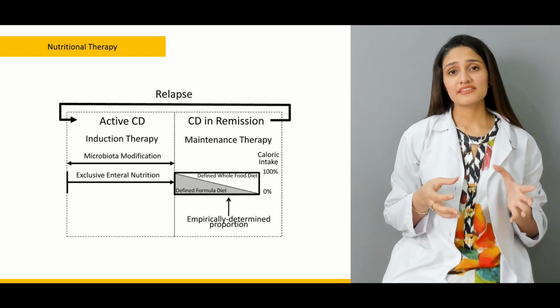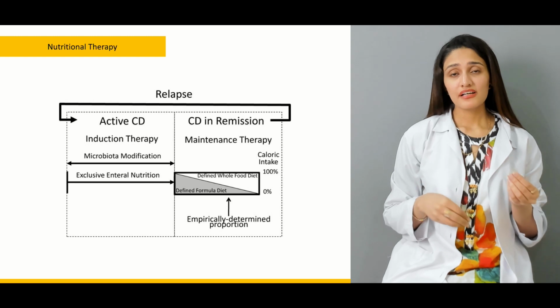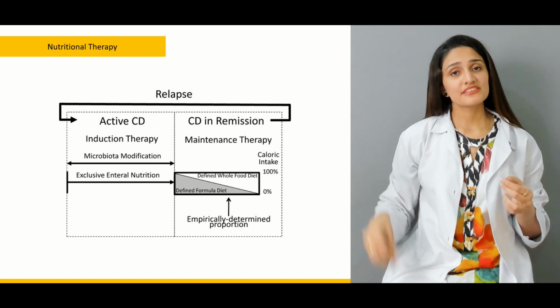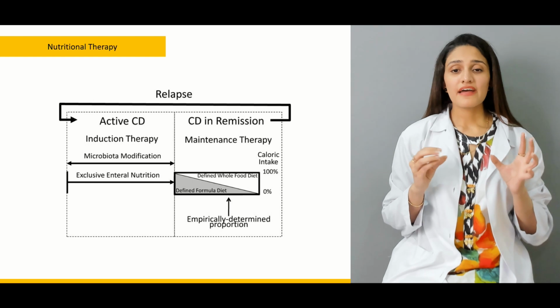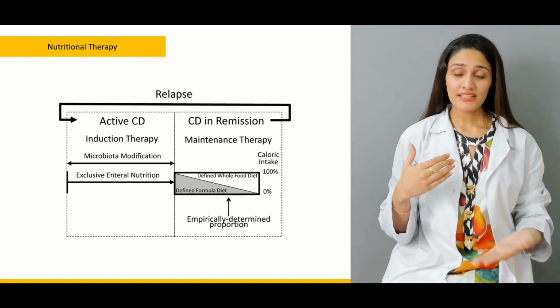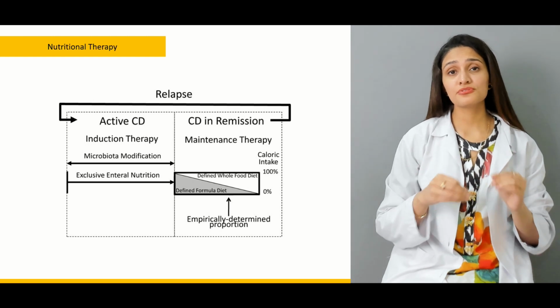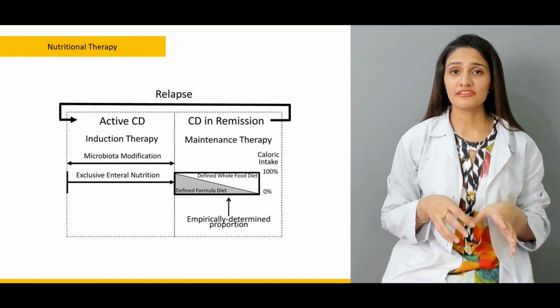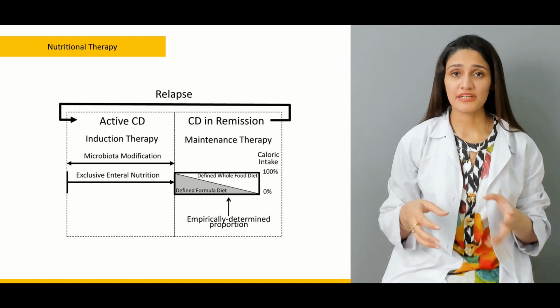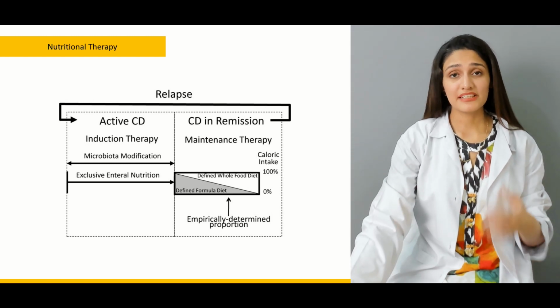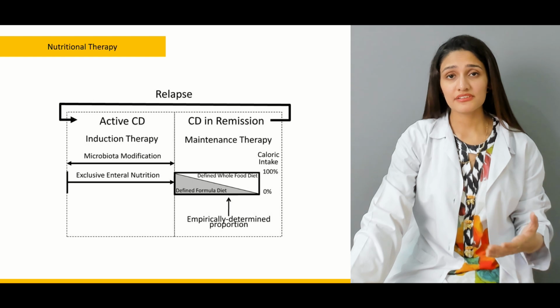What happens is that we pass a tube through their mouth into the esophagus, into the digestive tract, and they are given 100% of their calories and nutrition through this tube. So this is the enteral nutrition seen in patients with Crohn's disease. It's an active treatment option.